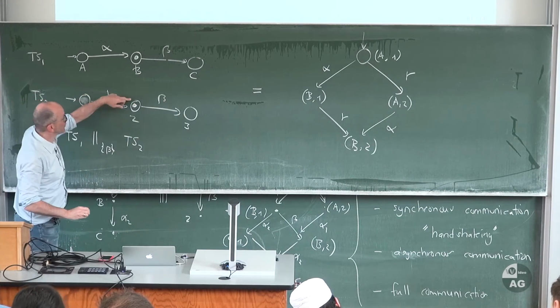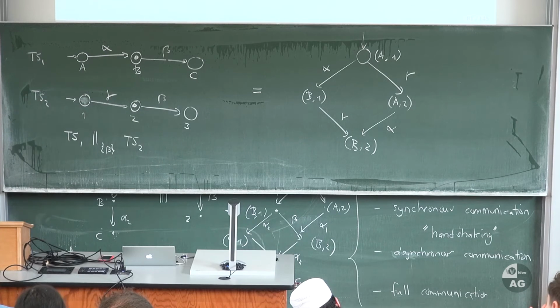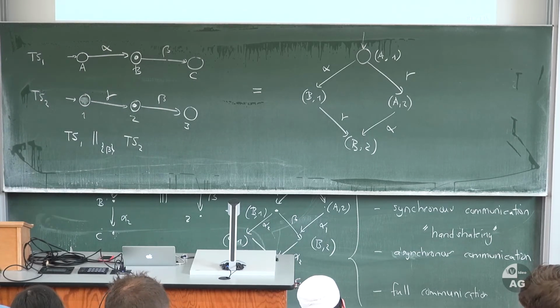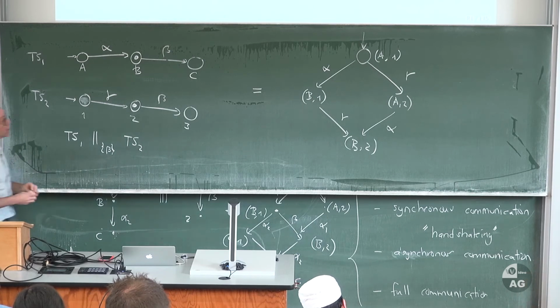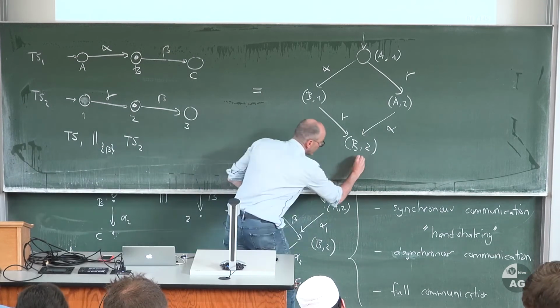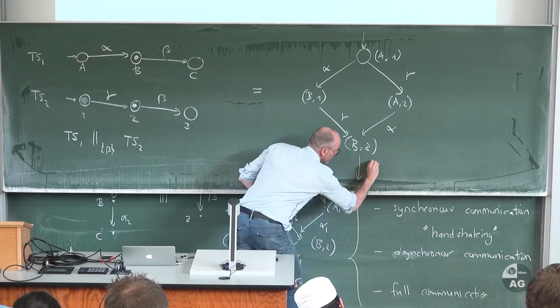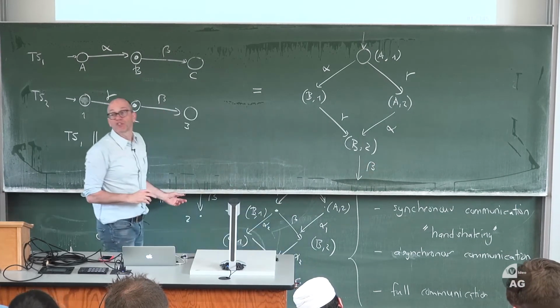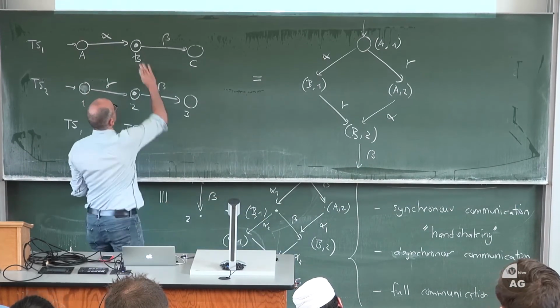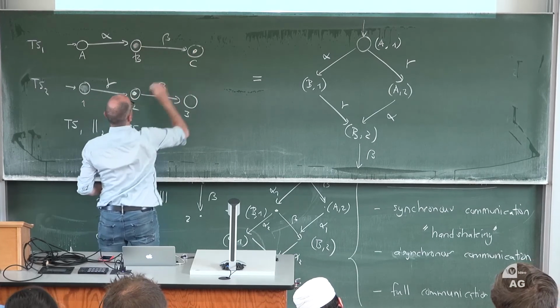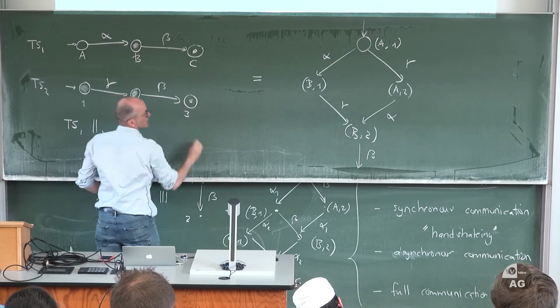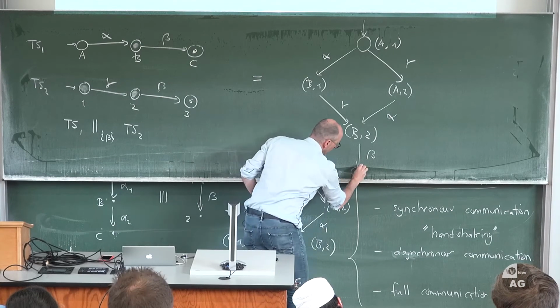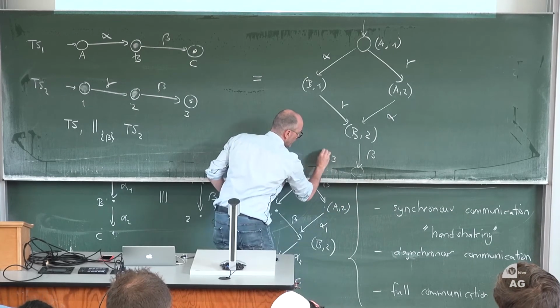So now we are in this situation. This thread is here, that thread is there. And now both threads can do the beta because both are able to do it. So they shake hands, so to speak, and they evolve synchronously. That means there is one beta transition where both move synchronously. This one moves here, that one moves there, and the state over here is the state C3.